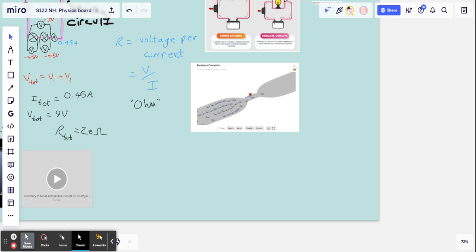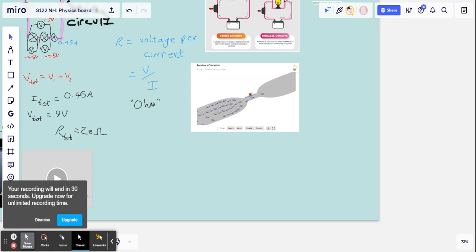Now let's look at them in parallel. Even though it's got two resistors, it's actually going to increase the flow of the traffic, isn't it? Because now more can go through at the same time. And so clearly the total resistance is actually less.